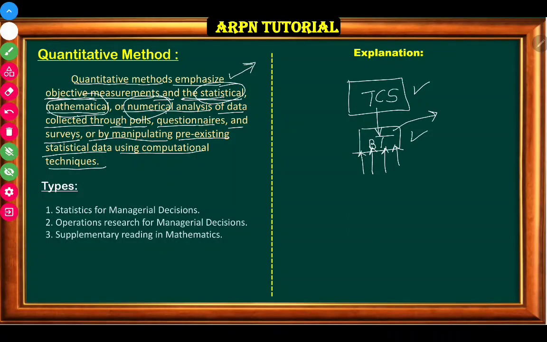On that basis, I can do analysis. Okay, and where do we receive that data from? It's collected from polls, maybe questionnaires and surveys, or by manipulating pre-existing statistical data.